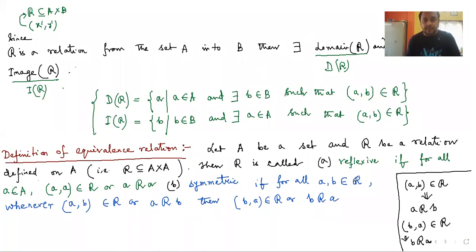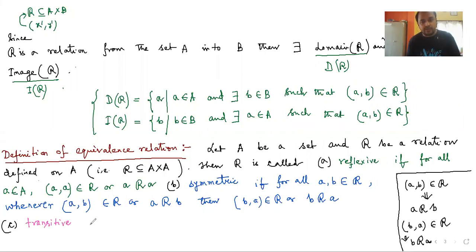And the last criterion, which is also very important, is given as follows. Number three, it is called transitive.